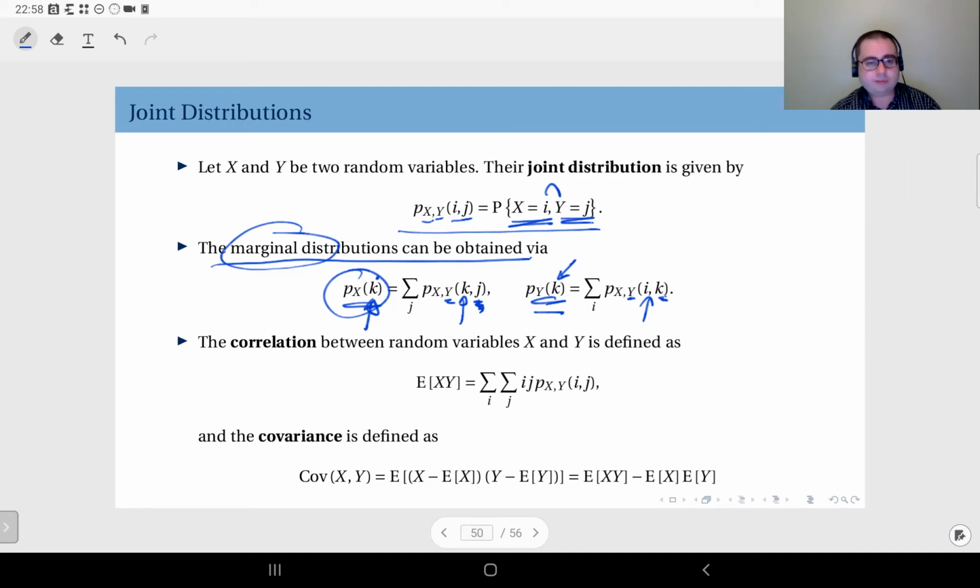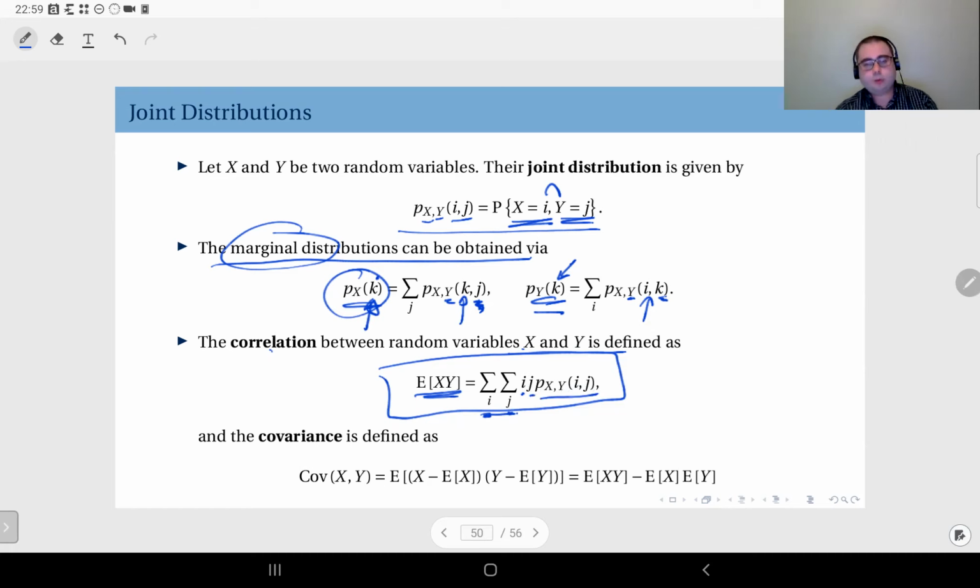And the concept of correlation is defined between 2 random variables X and Y through this formula. Essentially, the correlation of X and Y is equal to the expected value of the product X times Y. And we can compute this with the double sum over i and j, where X takes values i and Y takes the values j, of i times j times their joint probability.